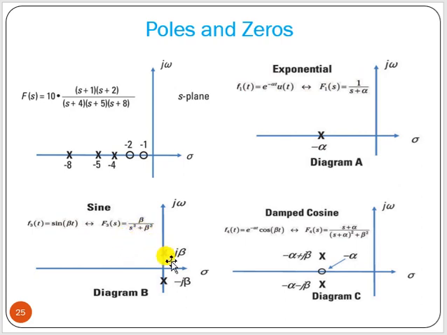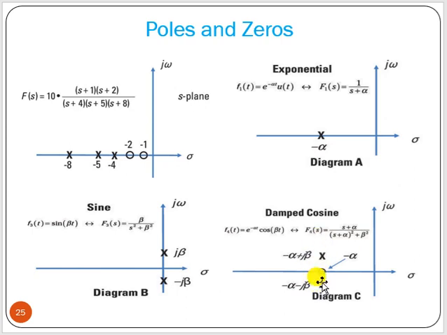In that case the poles are on the imaginary axis at plus j beta and minus j beta. Now for the damped cosine function, e to the power minus alpha t cosine of beta t, the zero is at s equal to minus alpha, and poles at minus alpha plus or minus j beta.